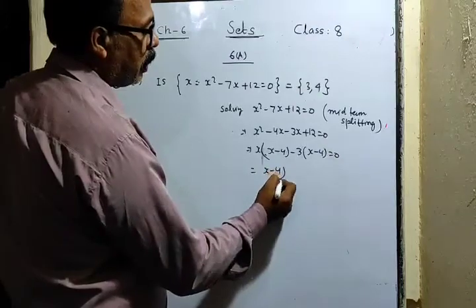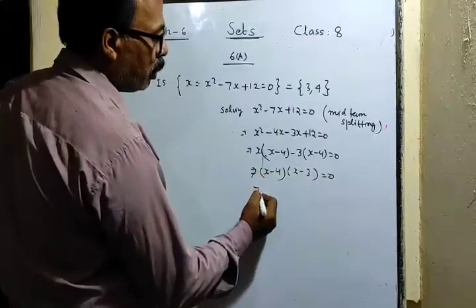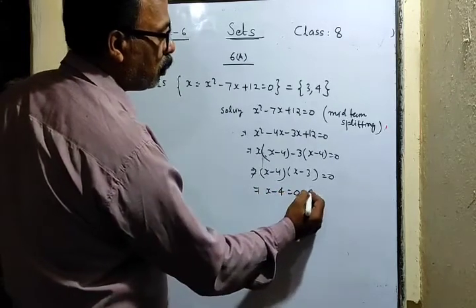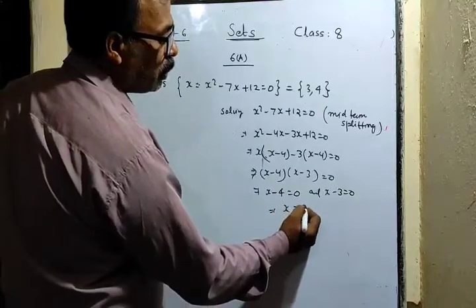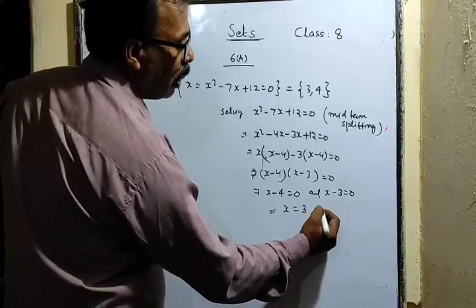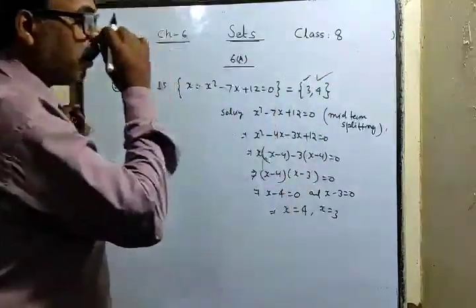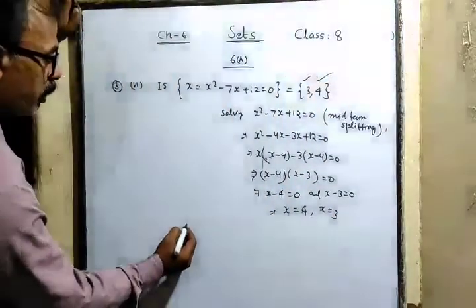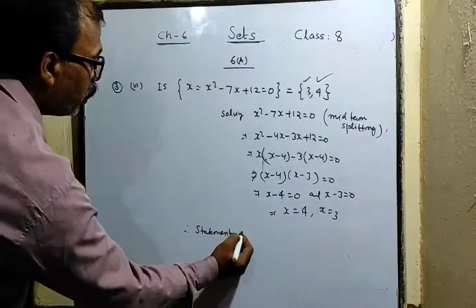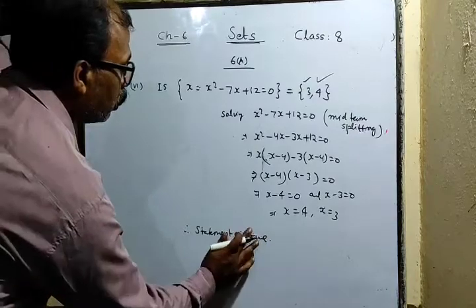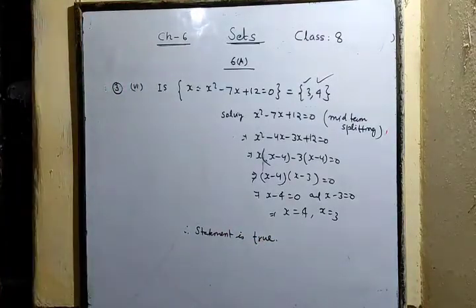So the two factors are (x minus 4) and (x minus 3), that is equal to 0. It implies x minus 4 is equal to 0 and x minus 3 is equal to 0. So it gives x is equal to 4 and x is equal to 3, and we want this. So it is satisfying the condition. Hence, write that the statement is true. You have to write statement is true.